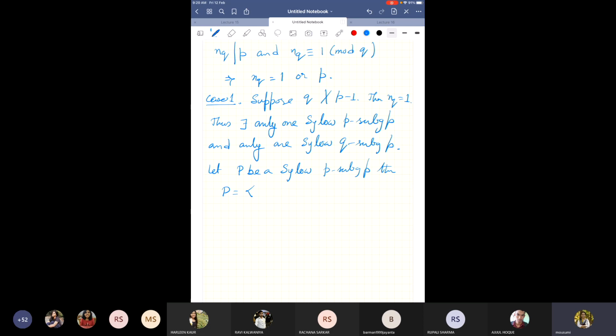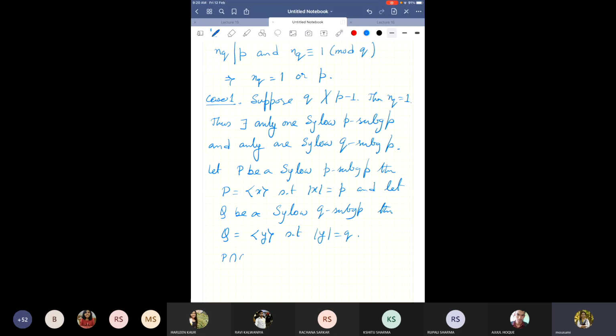P is of prime order, and a prime order group is always cyclic. So it will be generated by some element X such that the order of X is equal to P. And let Q be a Sylow Q subgroup. Then Q will also be generated by a single element, as it will also be a cyclic group.